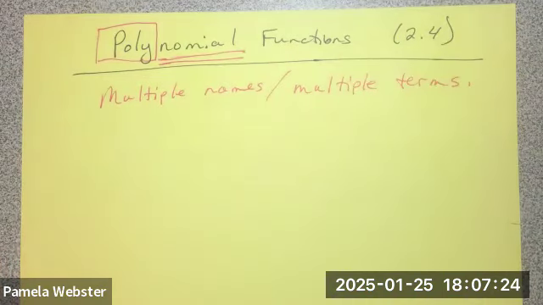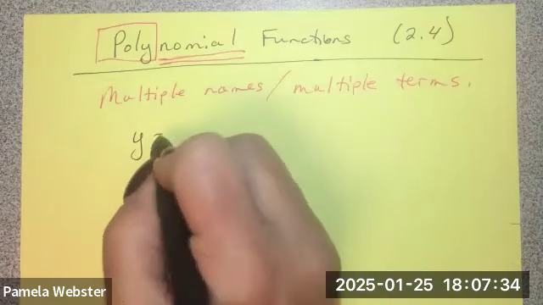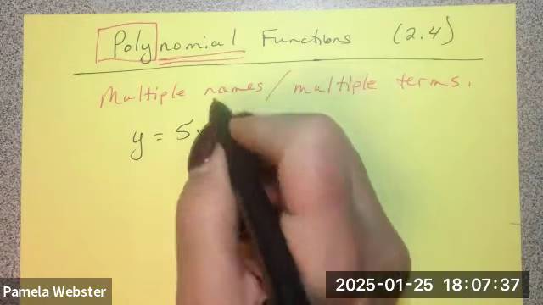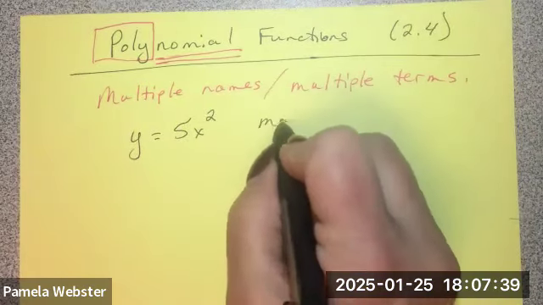That can be a little misleading because there is something called a monomial. Mono meaning one, singular. So you do have stuff that just has one term, y equals 5x squared. That's a monomial, right?